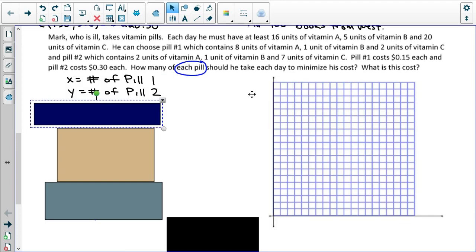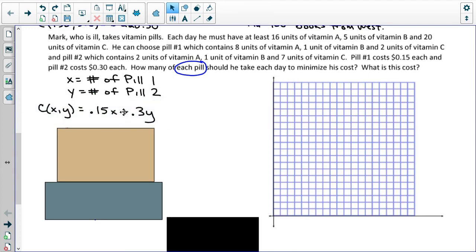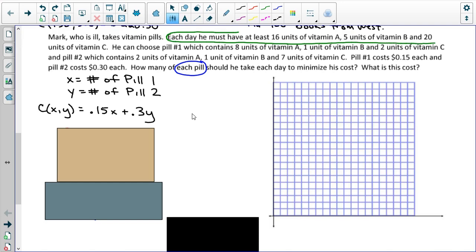Then our objective function is going to be minimizing cost. Since we're minimizing cost, we're going to take the 15 cents for pill 1 and the 30 cents for pill 2 and take that into account for the cost. Now, the constraints. We are given information about how much he must have each day in terms of the vitamin units, so A, B, and C. So those are going to be our constraints.